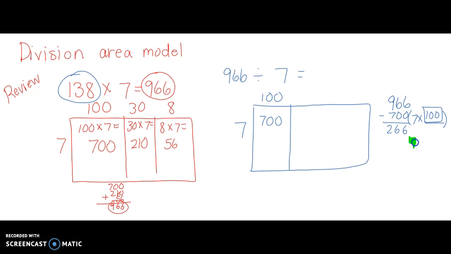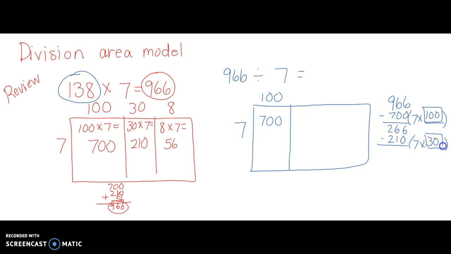So how many 7s are there in 266? Well, I don't know for sure, but I do know that 7 times 3 is 21, and that's pretty close. So if I do 7 times 30, that's 210. I'm very close to 266.